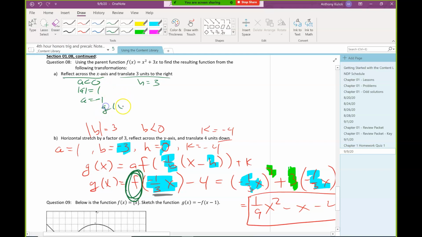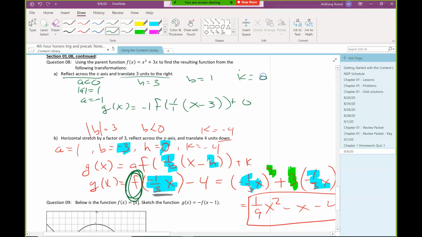So my function g of x then will be negative 1 times f of 1 over 1 x minus 3 plus 0. Right? Notice there's nothing else here about reflecting across the y-axis or horizontal stretches or shrinks, so b is just going to be 1.